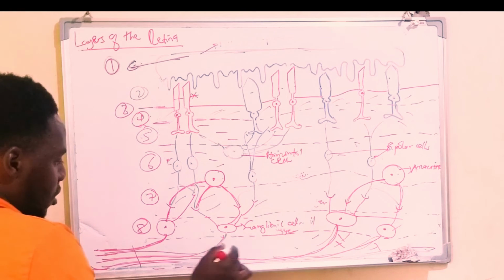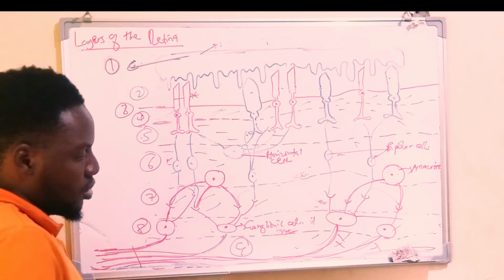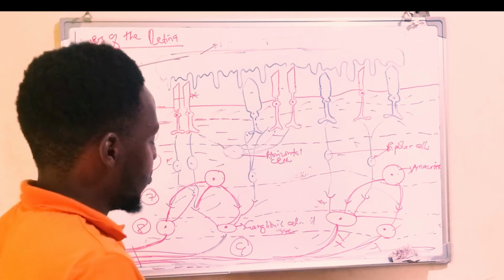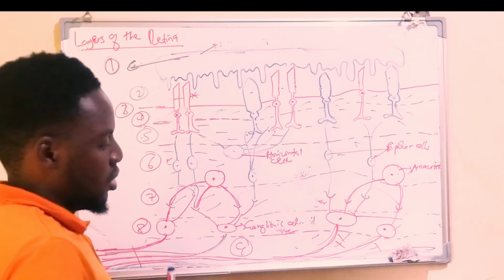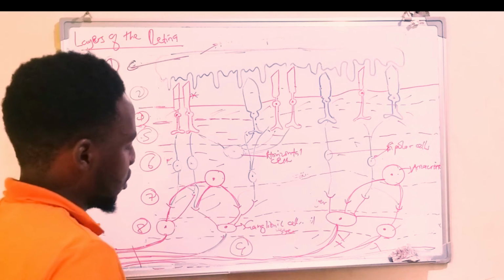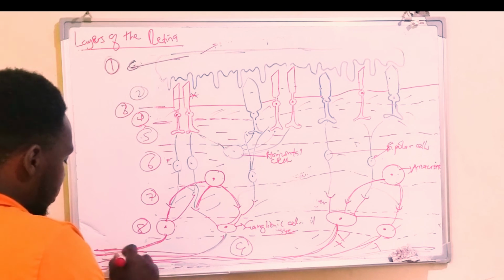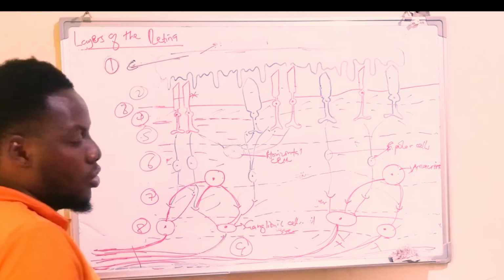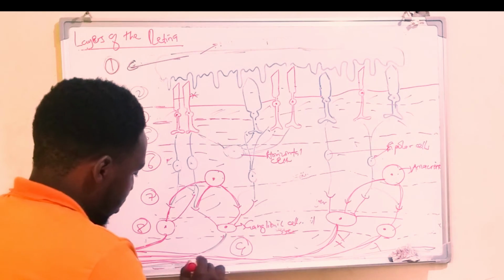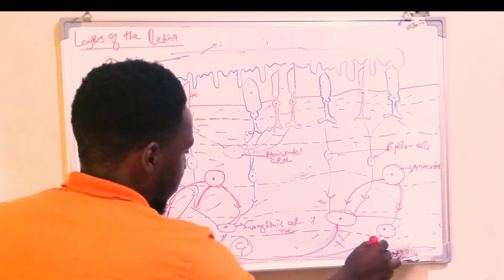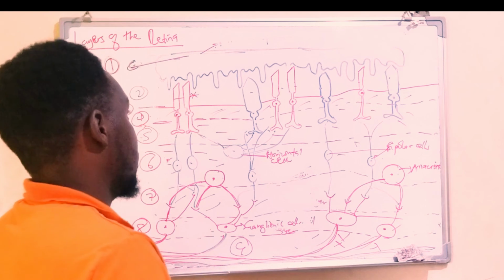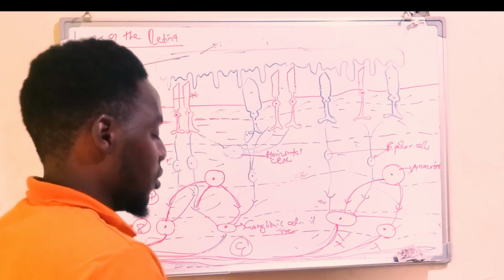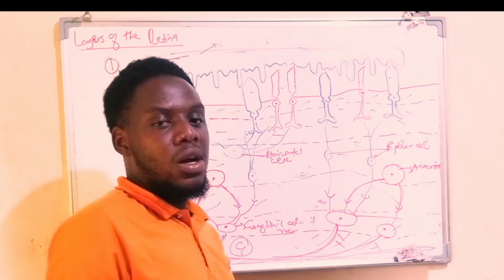Then the ninth one here, the layer of nerve fibers of axons, which are non-myelinated axons of the ganglionic cells. When they travel a distance up to the optic disc, they converge and form the optic nerve. Then the tenth layer here is the internal limiting membrane, which separates the retina from the vitreous humor present in the eyeball.